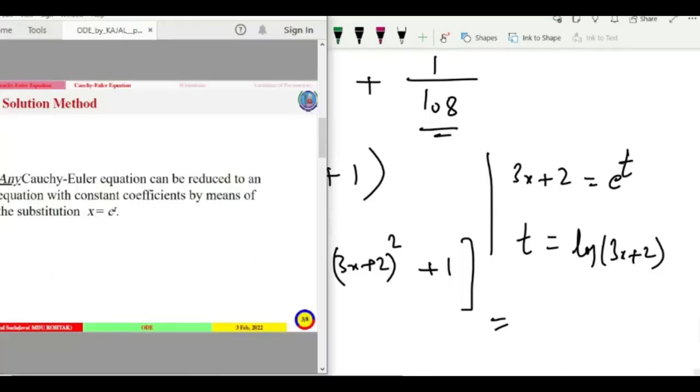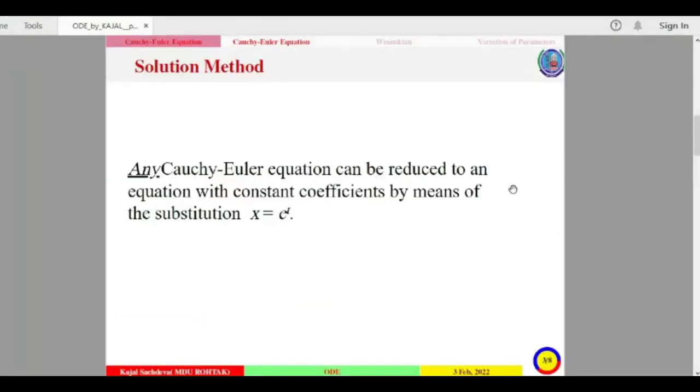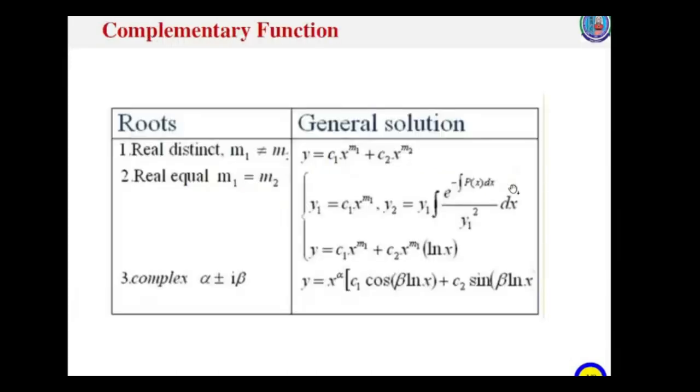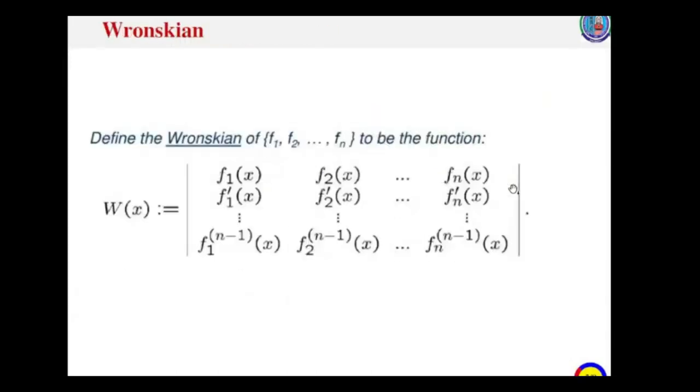Now coming back, what is Wronskian? Here I am only giving you the idea, just giving you the definition. This topic is itself a very wide topic, Wronskian and linear independence. We can have another lecture on this topic.